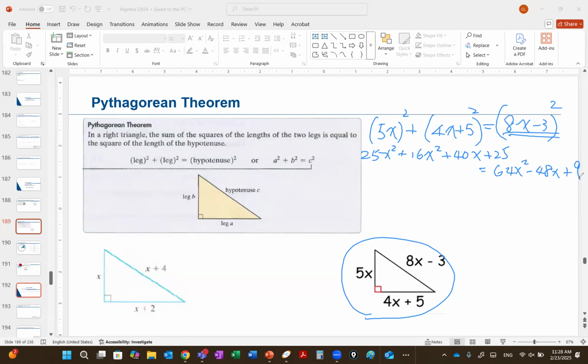Right side. All right. 40x minus negative 48x, minus 88x. Right, this one will be minus 16 equals 0. Minus 16. Yeah, minus 16. Oh, right. Got you.